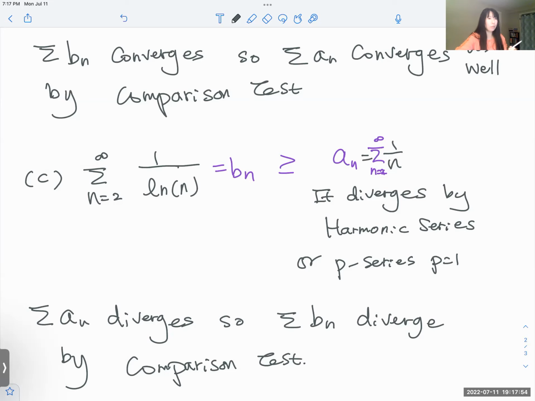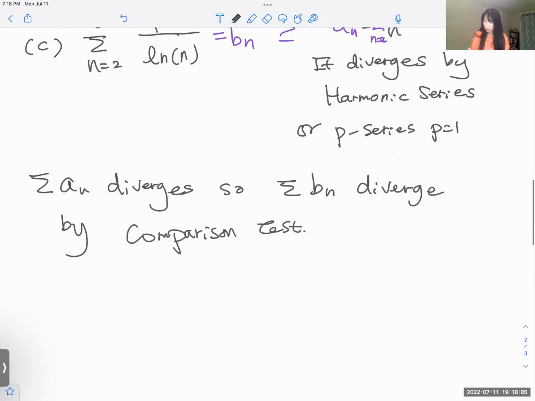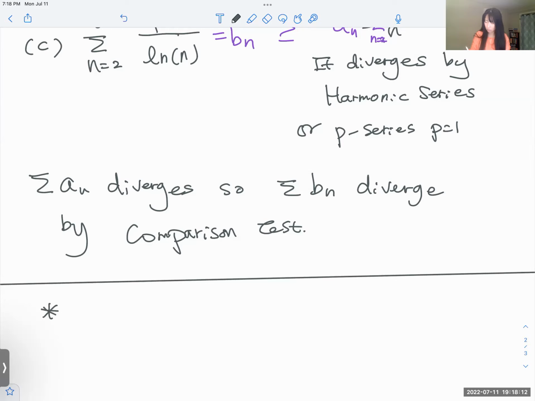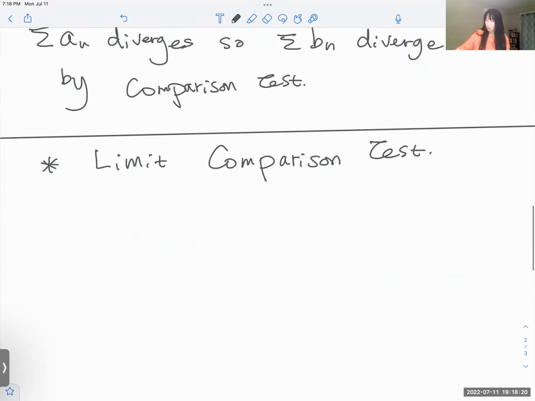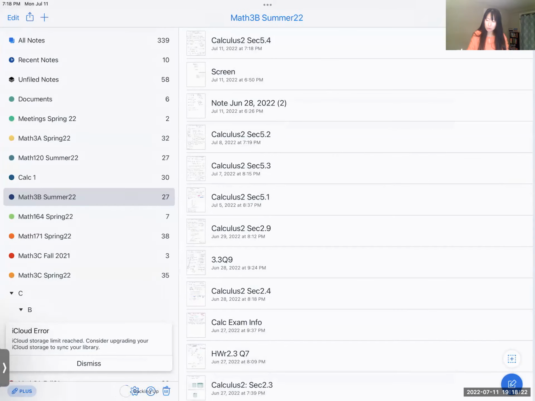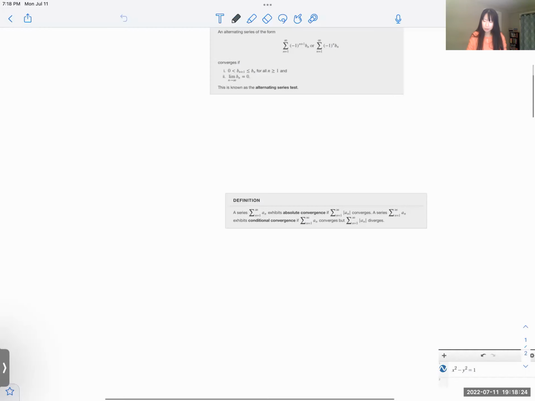Okay, now limit comparison test. So limit comparison test, I will bring here. So look, limit comparison test.